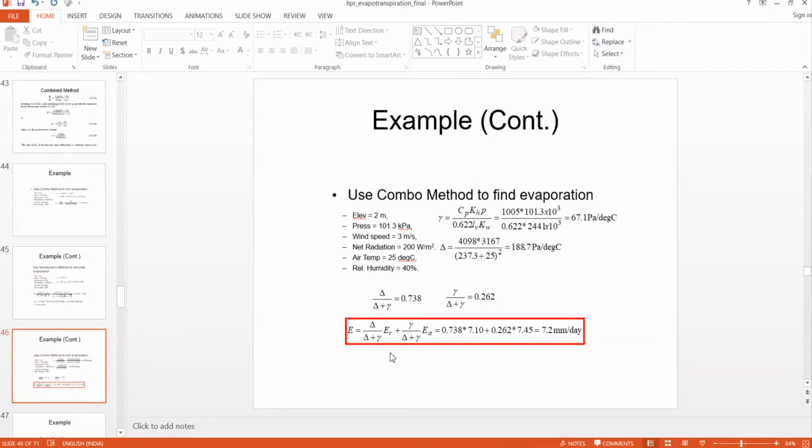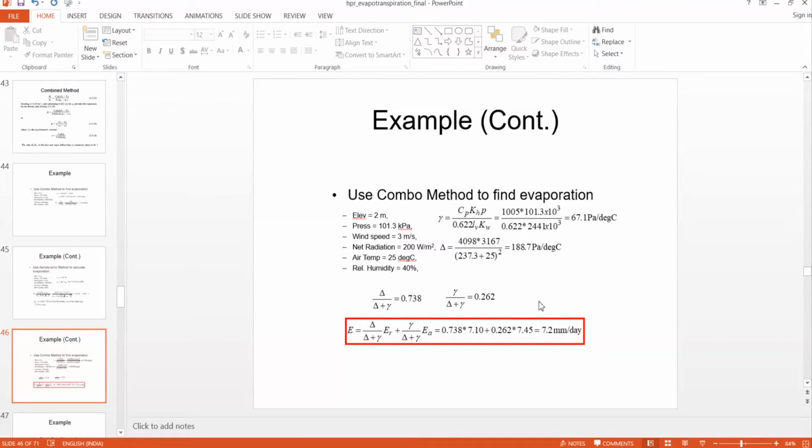Then calculate gamma and delta. For delta the equation is given, and for gamma also the equation is given, so we can calculate gamma and delta. You see that these coefficients, delta by delta plus gamma and gamma by delta plus gamma, sum to 1.0.